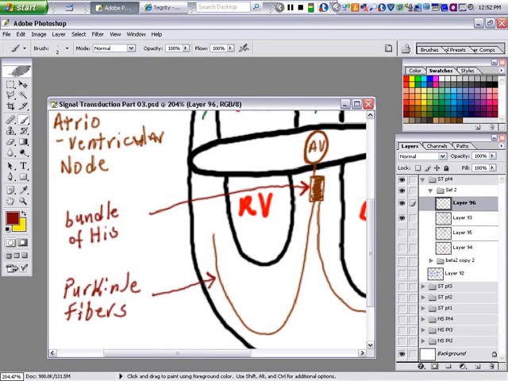Now the ventricle is structured in a way that its opening is at the top, so those fibers go down and they send their signal so that when the ventricle contracts, it starts at the bottom and that signal goes up. So it's almost like it's pushing the blood out this way. Does that make sense? For your atria, it doesn't matter because the blood is falling down.